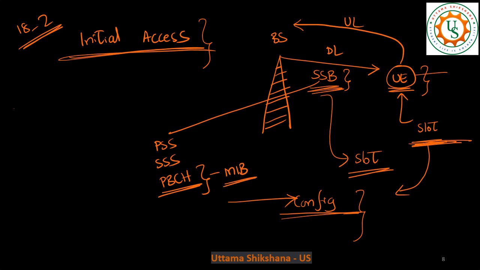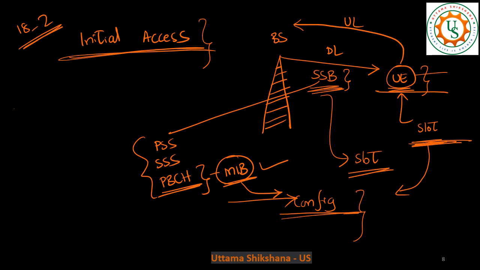The MIB consists of the required initial configurations for the UE to proceed with the further decoding of signals. Since MIB is a part of PBCH, and for this there is no PDCCH, for MIB as well there is no PDCCH.